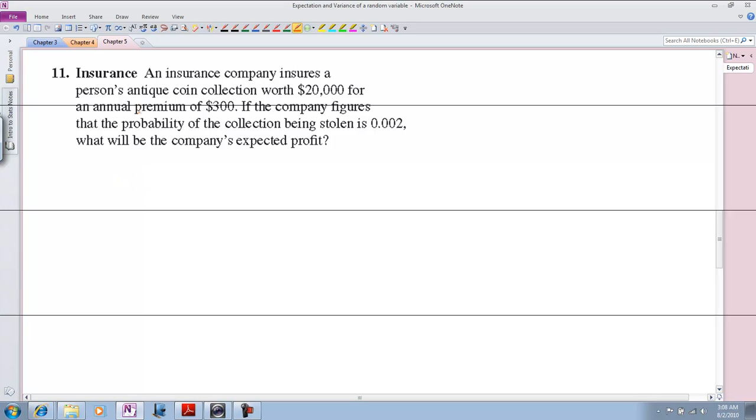Well, annually they expect to get $300, right? And so let's do this. In any given year, their expectation is mu, which is the sum of the values times their probabilities. And the values that are possible are either $300 that they gain, or they lose 20 grand because they have to pay out a claim because the coin collection gets stolen.